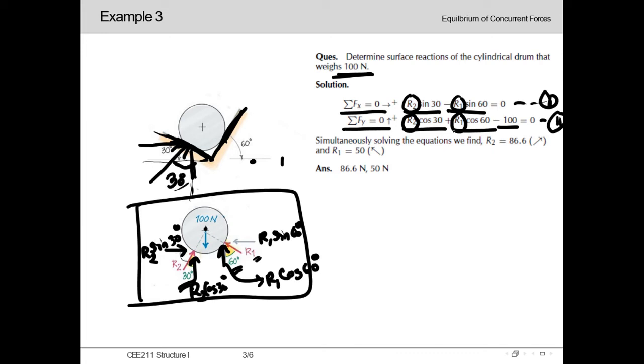So here we can see that only two unknowns are present in these two equations, so we can easily calculate using a calculator or by hand calculation. So by solving these two equations 1 and 2, we will get the value of r2 as 86.6 and r1 as 50.